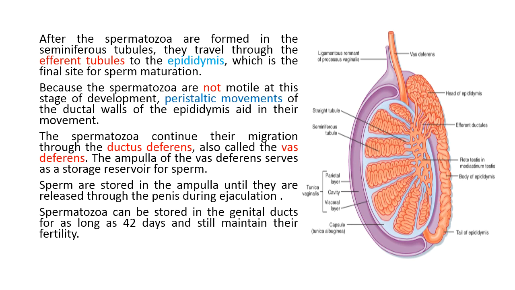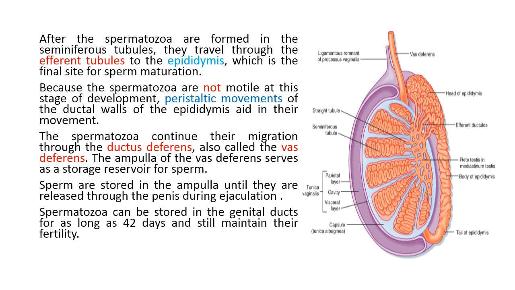The epididymis acts as the final site for sperm maturation. Because the spermatozoa are not motile at this stage of development, peristaltic movement of the ductal walls of the epididymis aids in their movement.